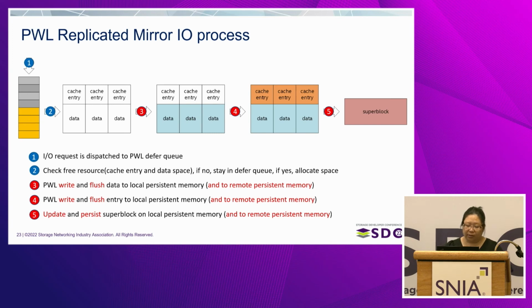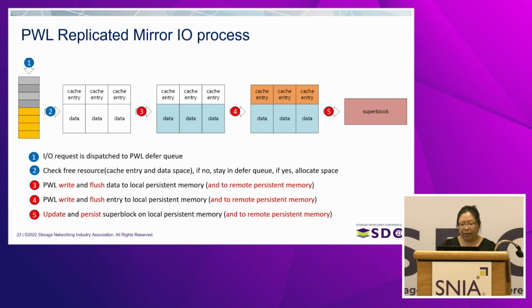If there is enough free resource, including cache entry and data space, it will reserve the resource and allocate the space. And PWL will write and flush the data to the local persistent memory, then write to remote persistent memory.